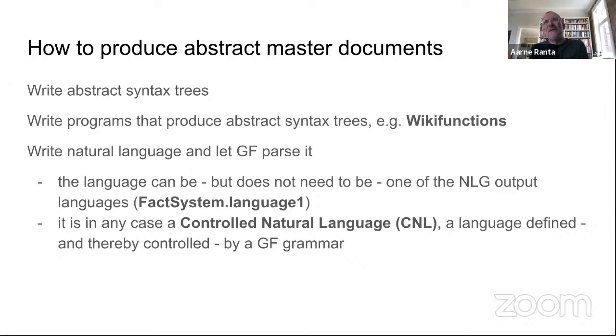We did it for both concrete strings and for templates. So that's what the fact system language1 is supposed to provide. And it is in any case a controlled natural language. So it's a language which is defined and thereby controlled by your GF grammar. So it's not open-ended natural language.